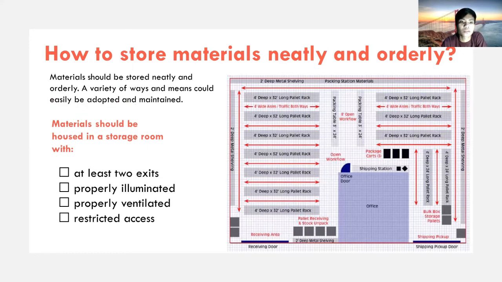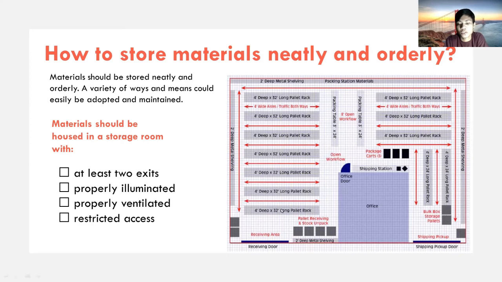So the first question is how to store materials neatly and orderly. Of course, materials should be stored neatly and orderly. There are a variety of ways that we could adapt and maintain. So materials should be housed in a storage room with at least 2 exits.